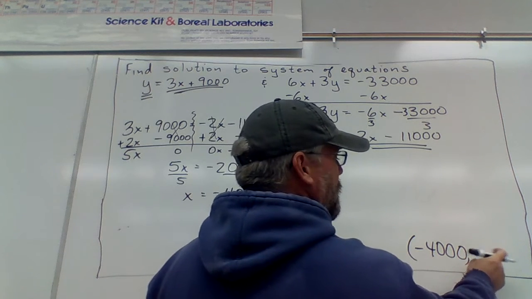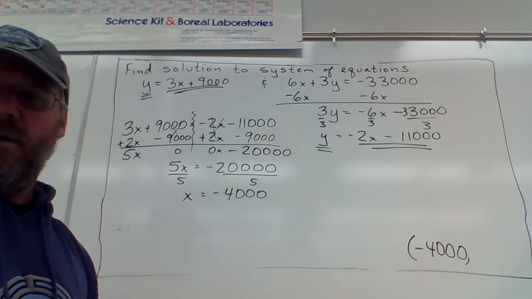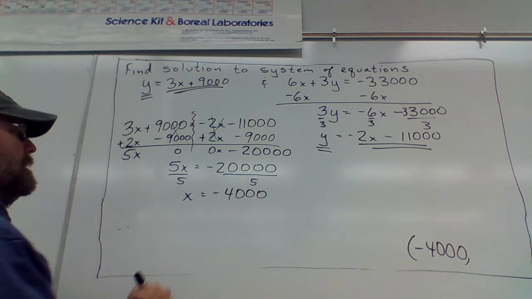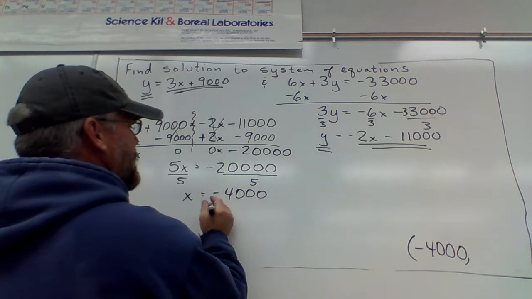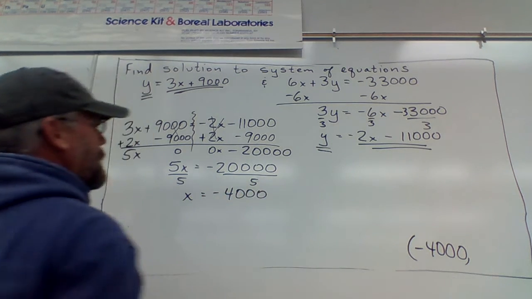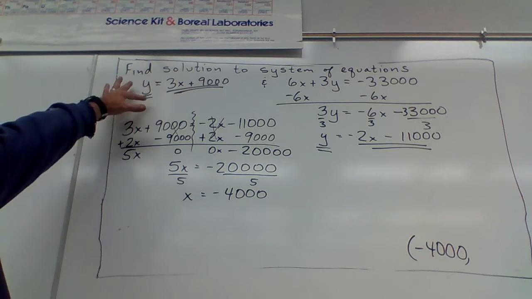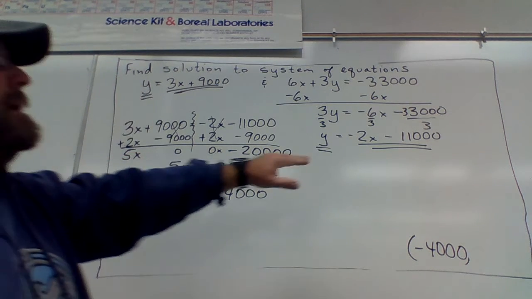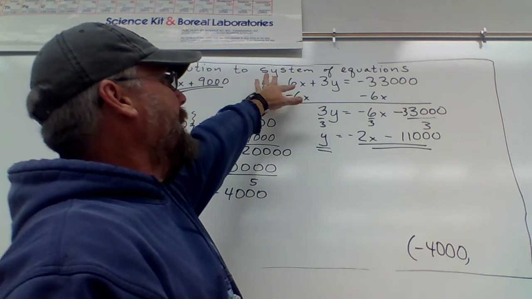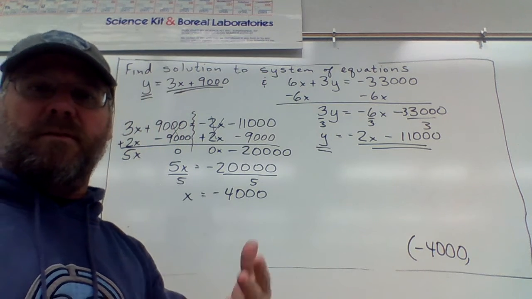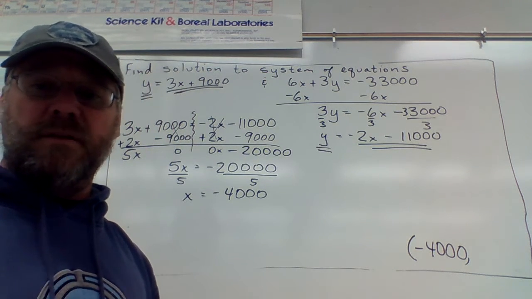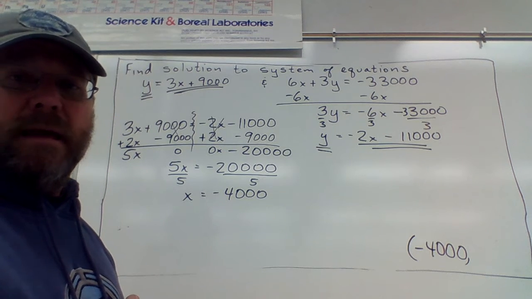Now I just have to figure out, well, what's my y to go along with that? So let's take this negative 4,000 and plug it back into one of these equations. Doesn't matter which one of those previous equations we plug into, we just have to plug it back into one.